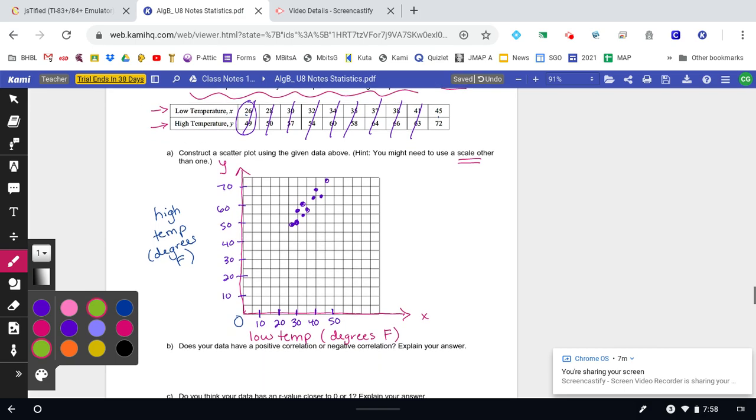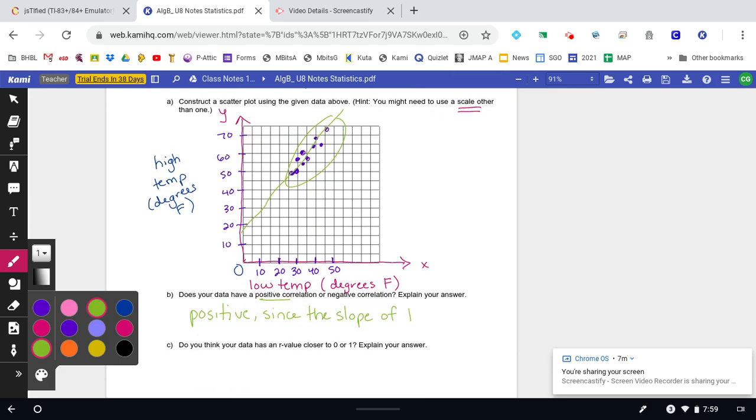And so if I want to know if it has a positive or a negative correlation, I'm looking at this trend, thinking about maybe a line of best fit. It's going to be positive since the slope of the line of best fit looks positive.